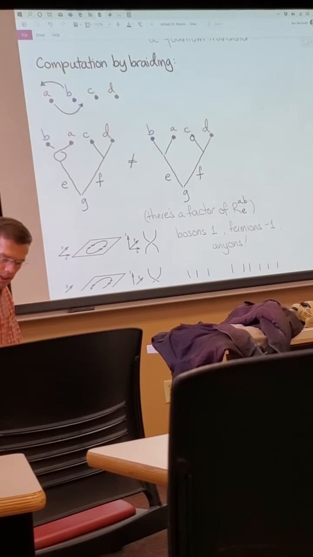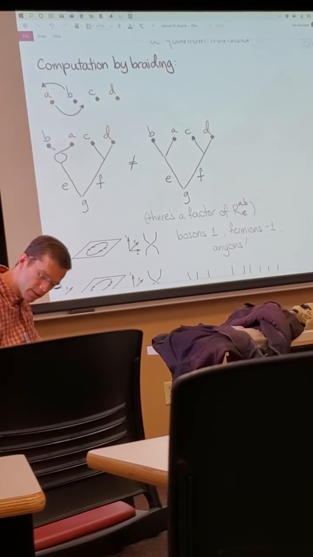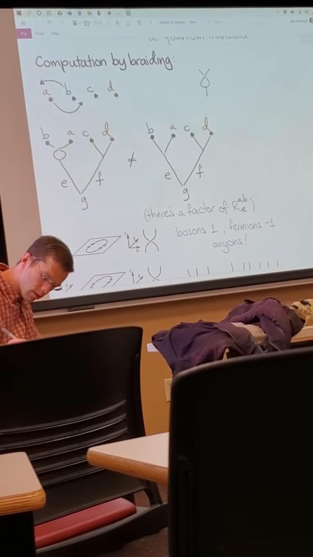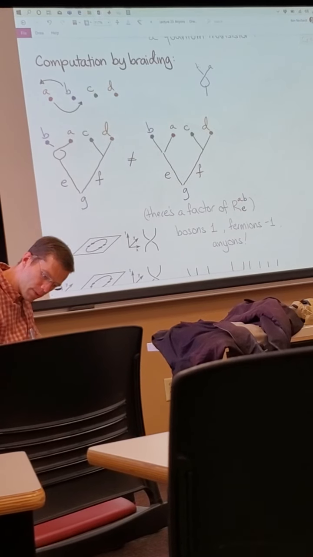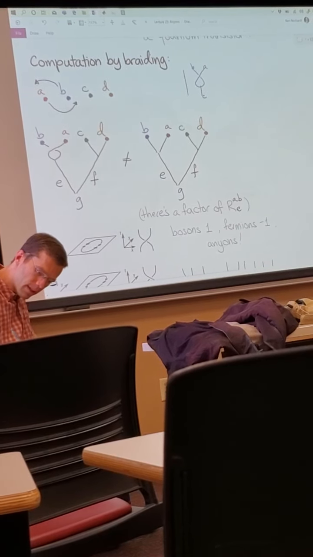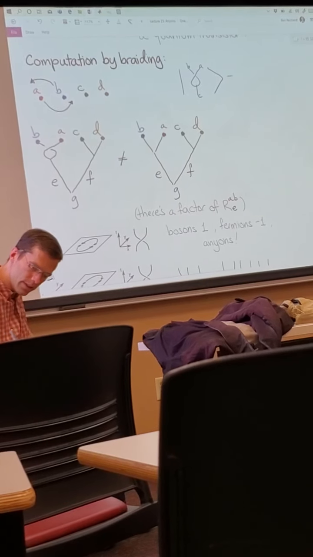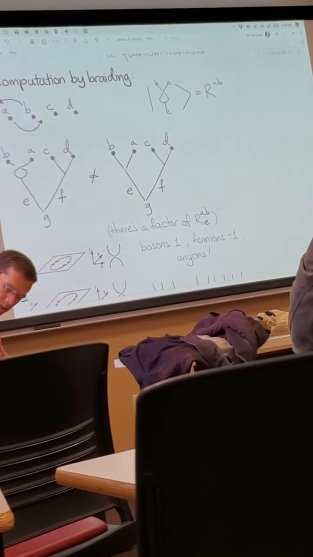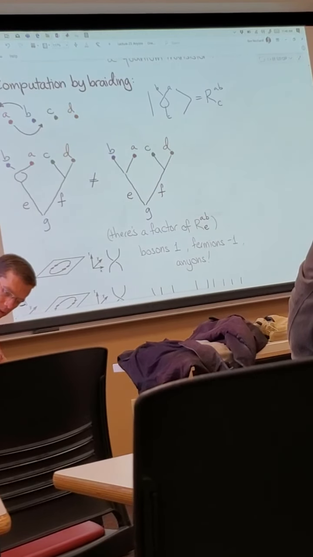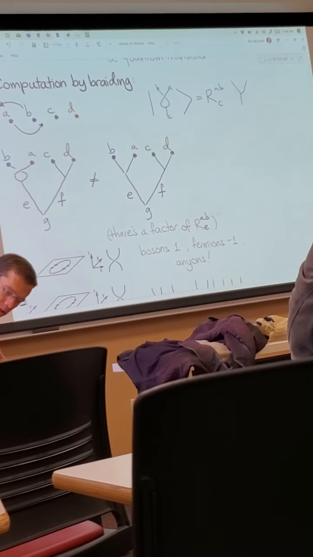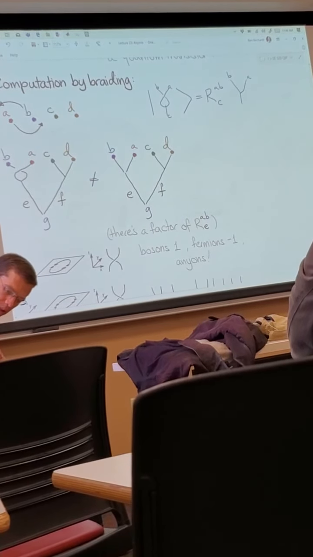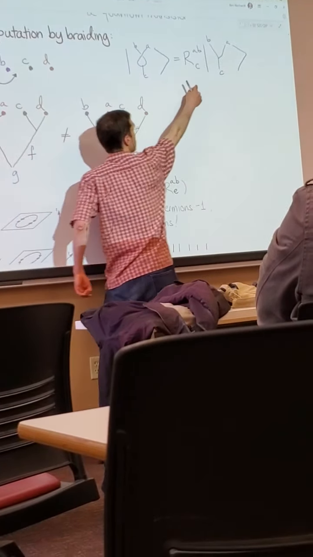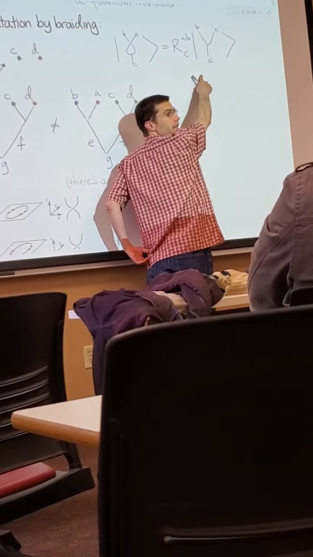Right. So here, what can you say? I can say that the ket A, B, C is equal to R, A, B, C times B, A, C. So this twisted diagram is equal to some phase times this untwisted diagram.